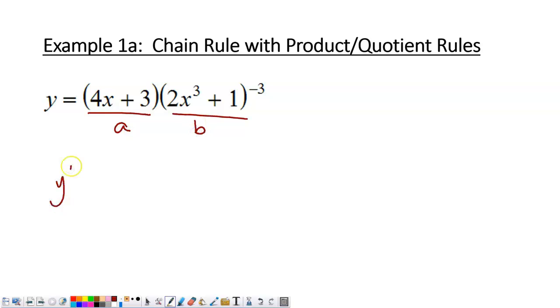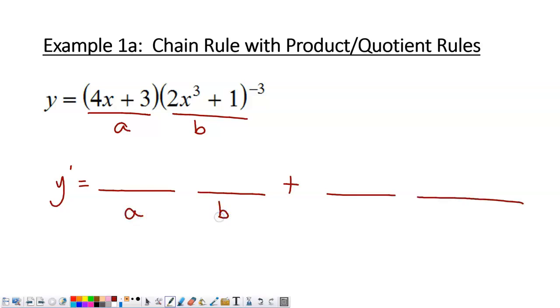So y prime is going to be the old A, B prime, the product rule, right? But that's not all there is to this problem, and you'll see why in just a second.